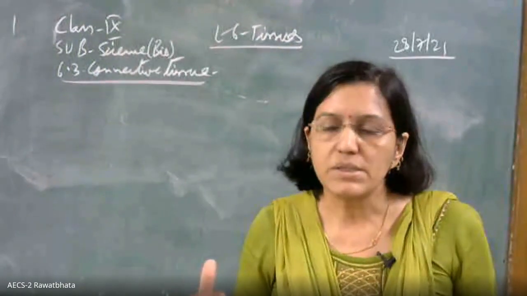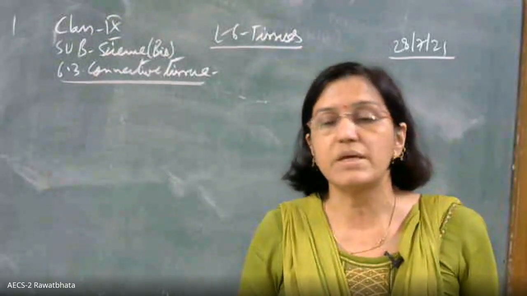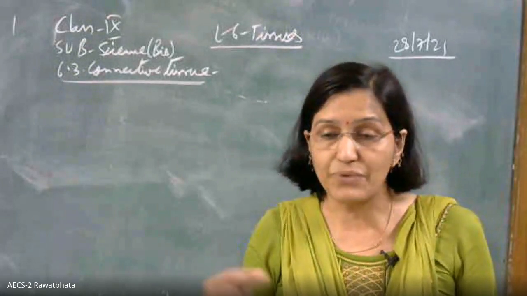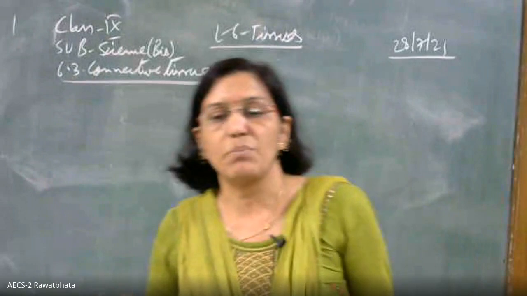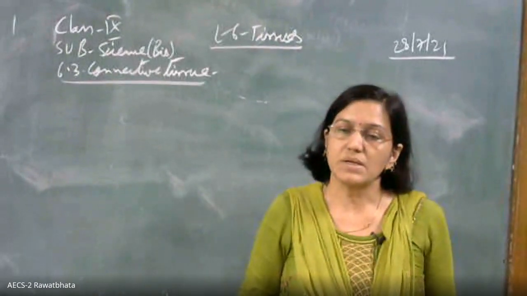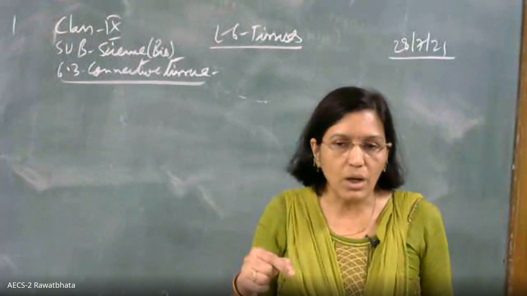Talking about this connective tissue, today we'll be dealing with bones and cartilage. As we all know, let's refresh, because we have taken this up before this test exam. There is a gap, so let's again recall.